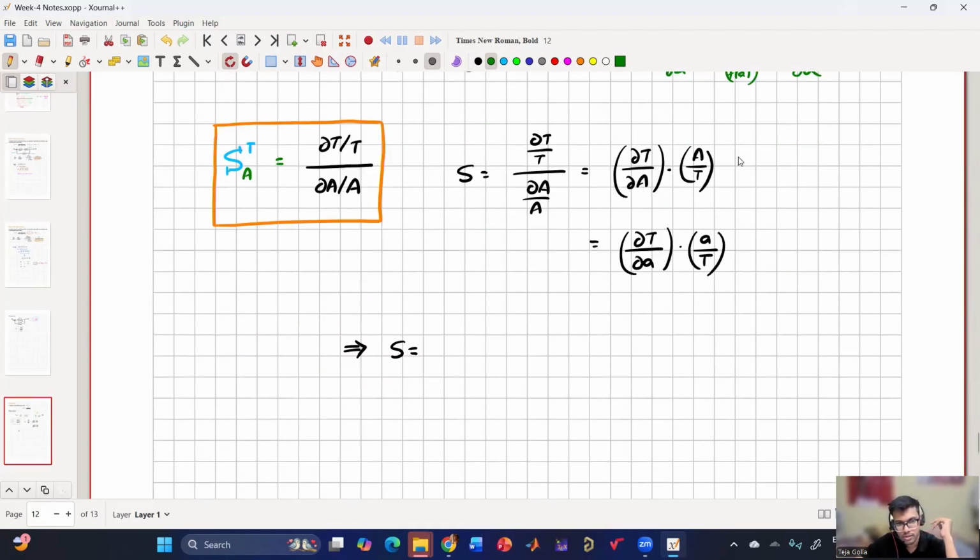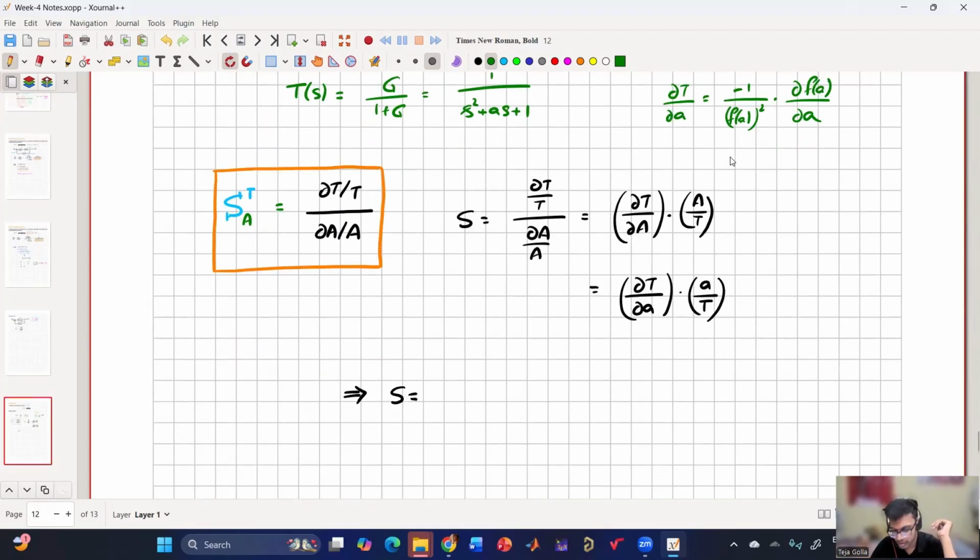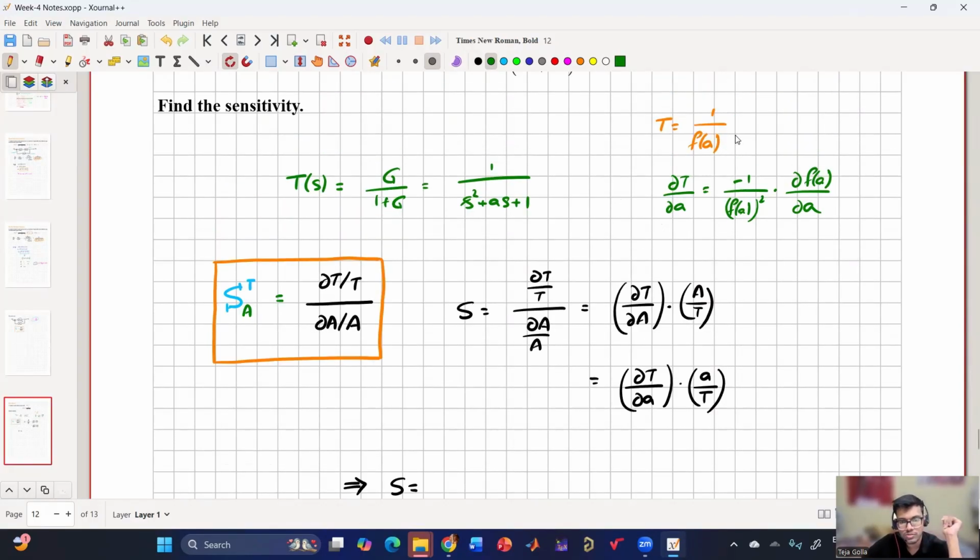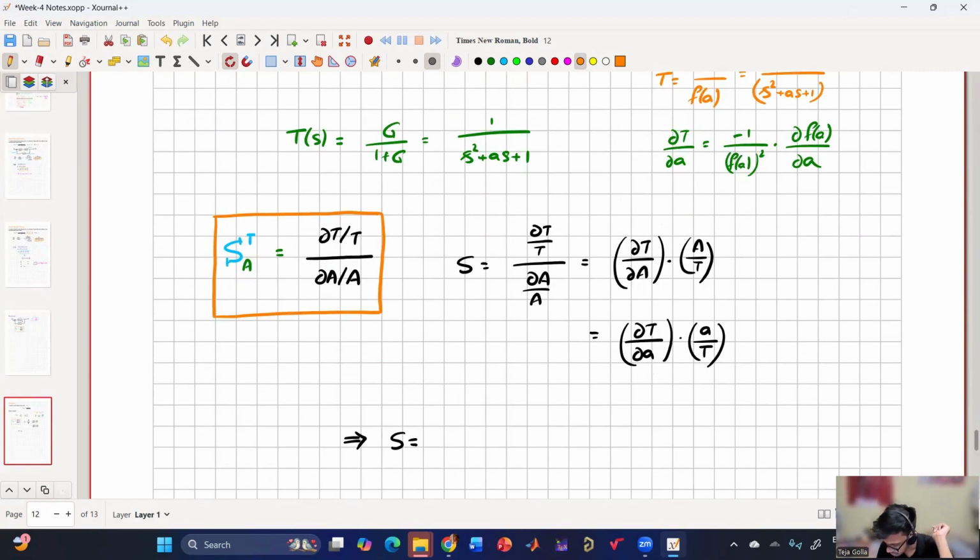Here f of a is what? f of a is 1 by s square plus as plus 1, right? So now dou T by dou a is minus 1 by f of a whole square, which means minus 1 by (s square plus as plus 1) whole square.